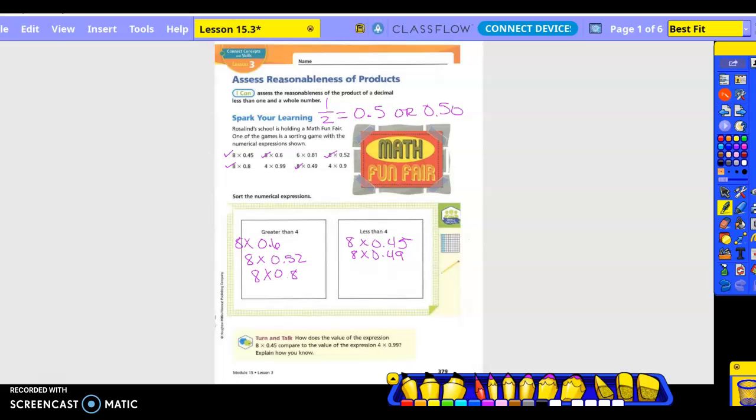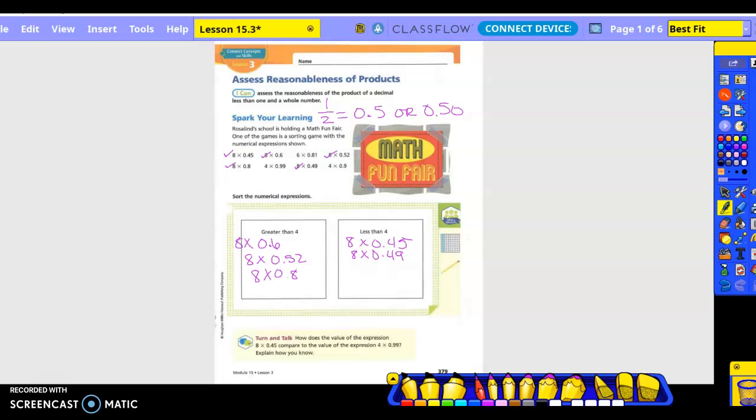Now, these other ones, we have 4 on a couple of them. We said in order to get 8 times something to get 4, we said half, right? So basically, if we had 4, it would have to be times 1 to be greater or higher, and then anything less than 1 would get us less than.